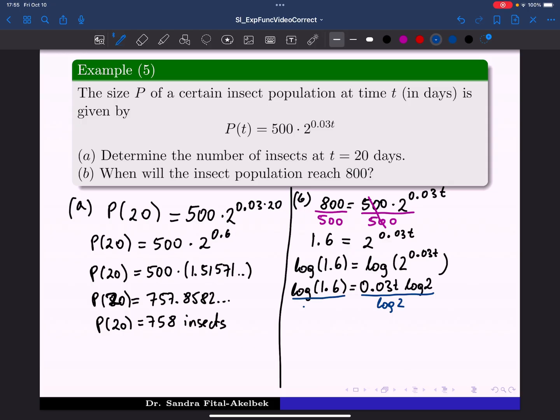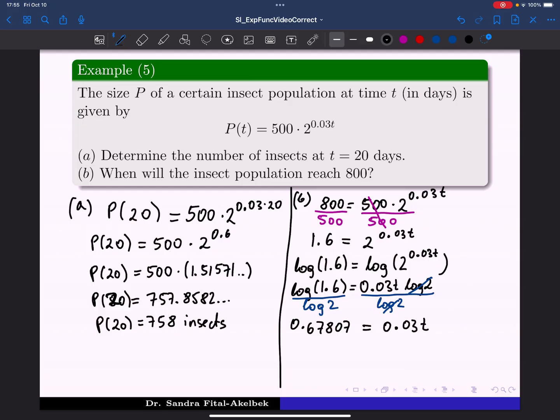Divide by log 2, these logs cancel out, and if I type this on the calculator, I'm getting 0.67807 is equal to 0.03t.